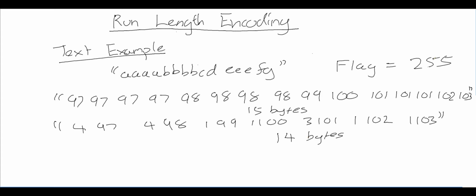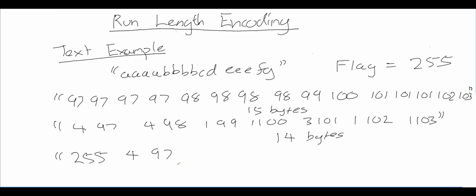The flag that I've chosen to use is 255. What we do to use a flag is whenever there's a run of data, we put 255 in front of the run. So we say 255, 3, 97 to represent this run of A's here.